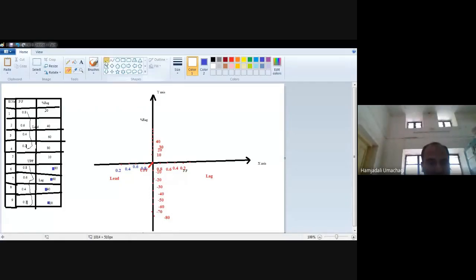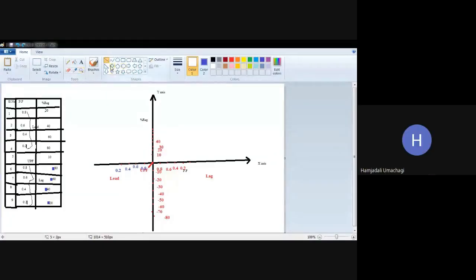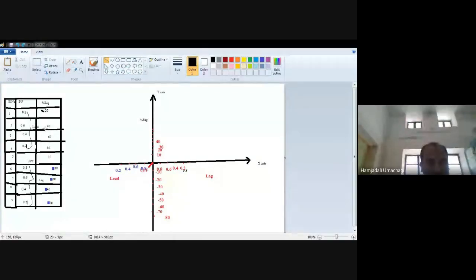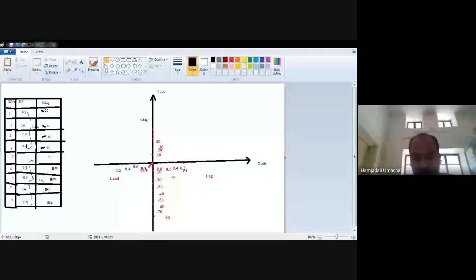Here you can take this as a negative sign. Minus sign, this you can take. This you can take as negation. The minus x-axis is negative, leading power factor, and the plus x-axis is lagging.